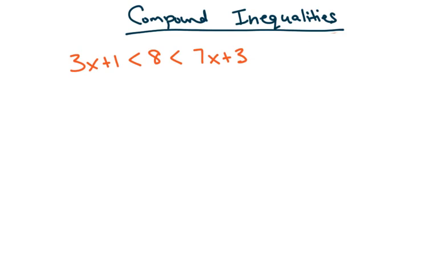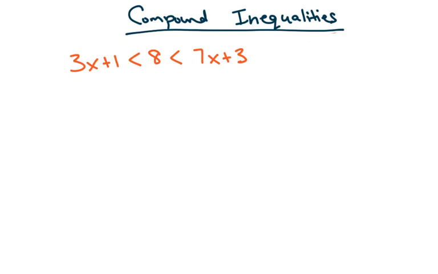Looking at the example I've got, 3x plus 1 is less than 8, which is less than 7x plus 3. A lot of people will solve this in one inequality like it is. I personally like to split this into two simple inequalities with an AND that combines them.